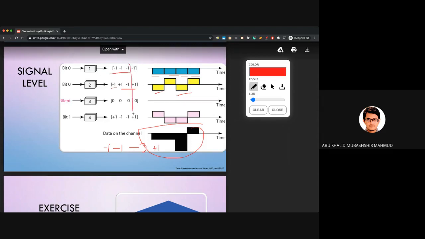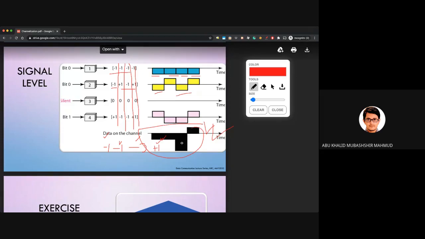If we add this together, it's a kind of bitwise addition. We have a -1, and then we have a -1, and this column gives -3, and this column gives us the value of +1. This is the signal that we generate, and then we send this signal towards the destination. This is how CDMA works.